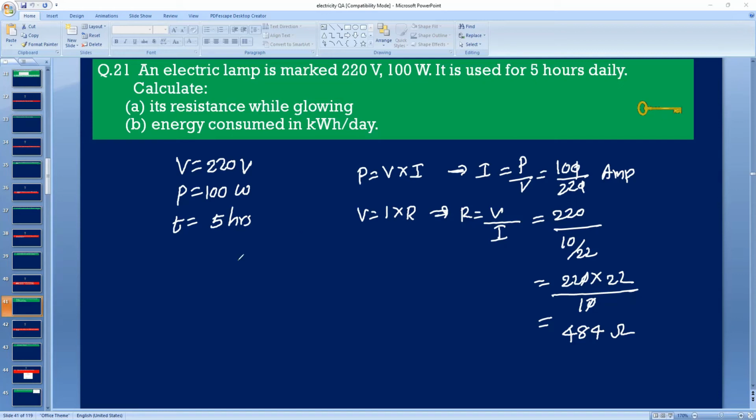Now, total energy consumed. H is equal to P into T. So power how much? 100. Per day how many hours? 5 hours. Yes, 500 watt hours. 500 watt hours in kilowatt hour, 0.5 kilowatt hours per day, which is consumed. Hope this answer is clear.